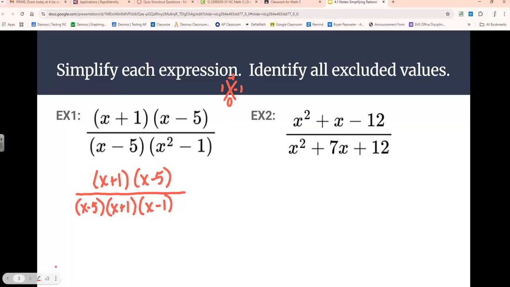So our restricted values are the numbers we cannot plug in, or excluded is the word I've used here. And they are going to be anything that gives us a 0 in the denominator. So if I look at that denominator, Hector, give me one number that would make that denominator 0.